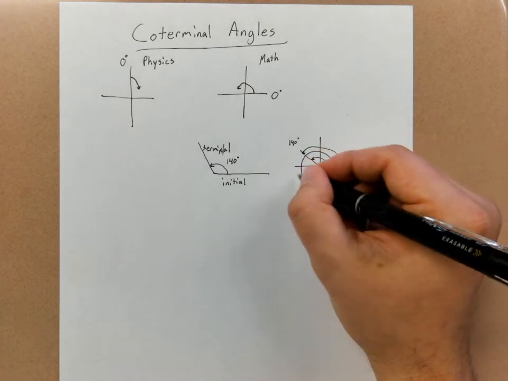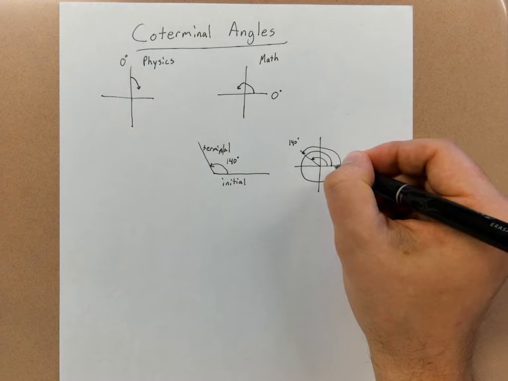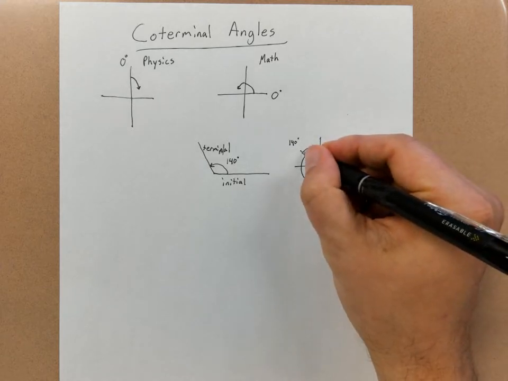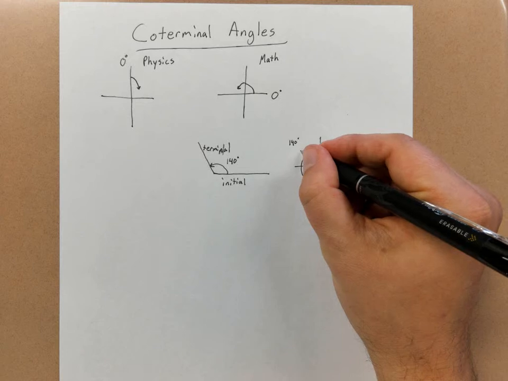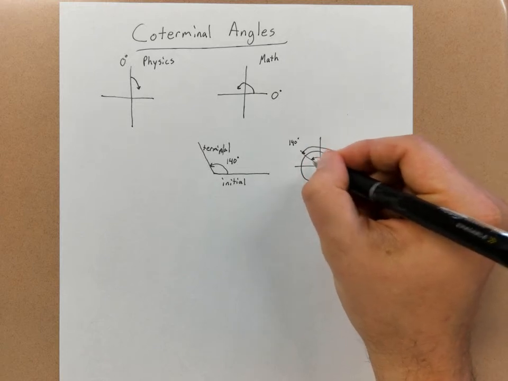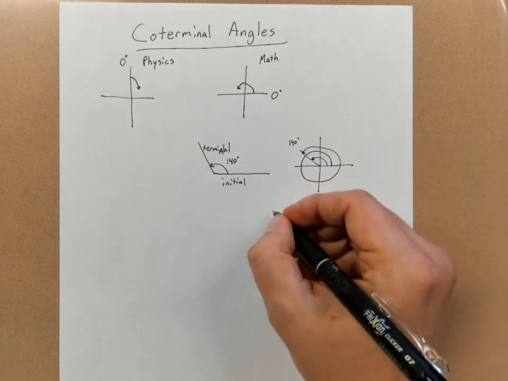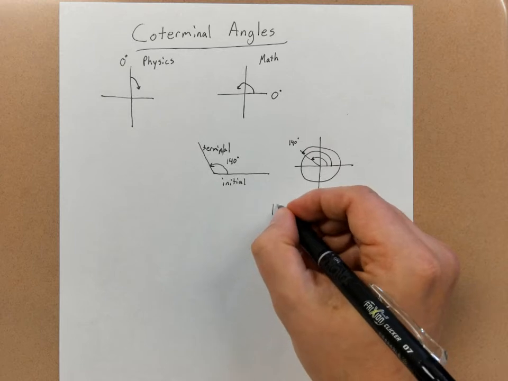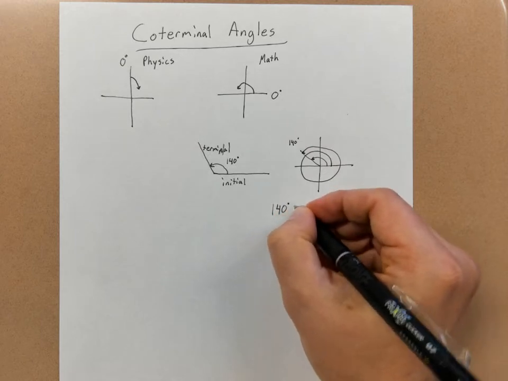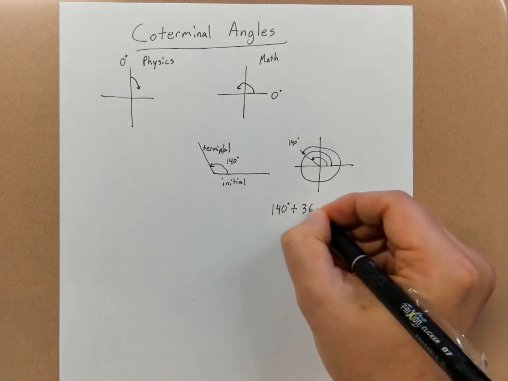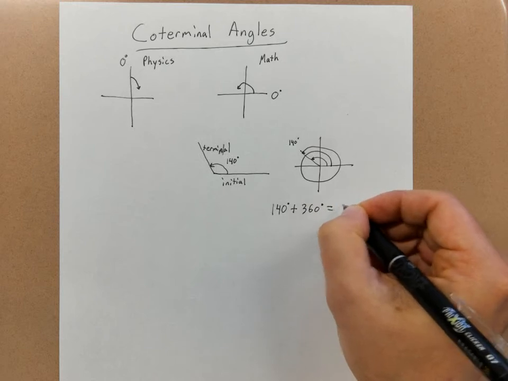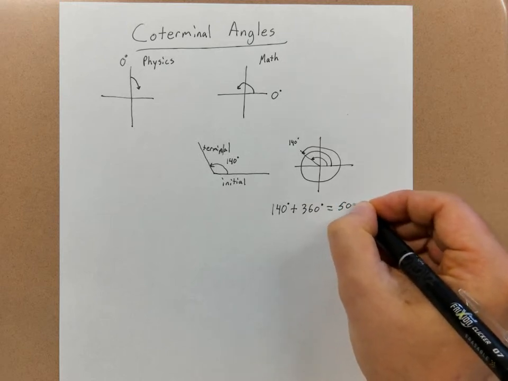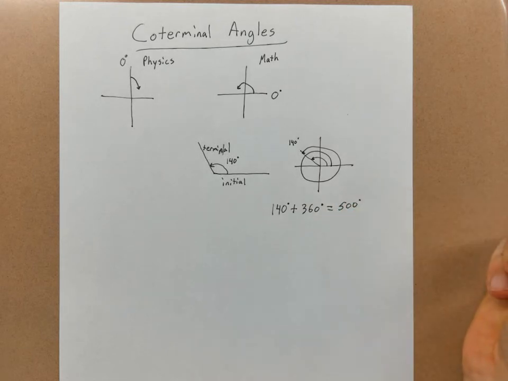All the way around the circle, you should know, is 360 degrees. I can then add to that an additional 140 degrees, and that should get me back into the same terminal side. So a coterminal angle would be 140 degrees plus 360 degrees, which equals 500 degrees.